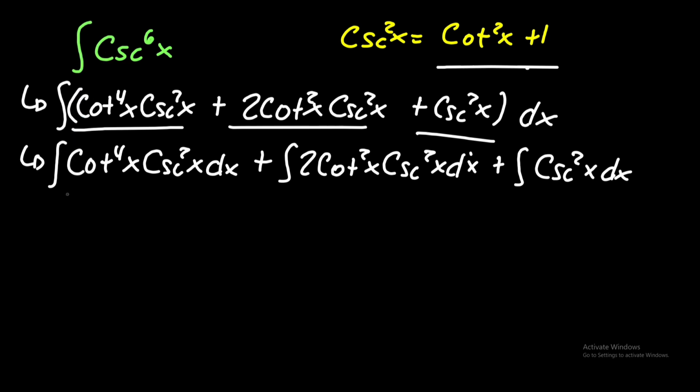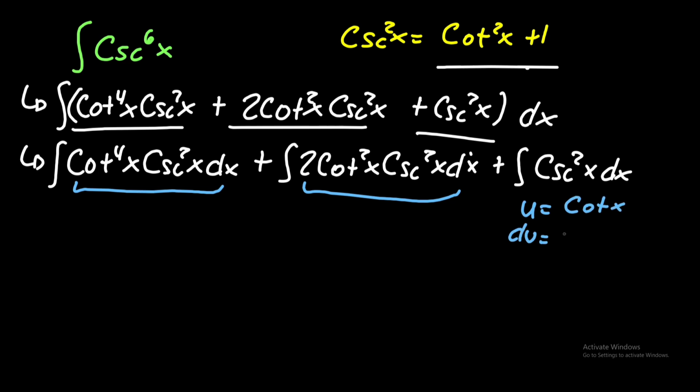We can focus first on these two and let u in this case be cotangent of x. The derivative of this would be equal to negative cosecant squared of x dx.